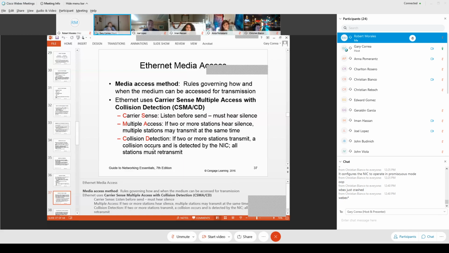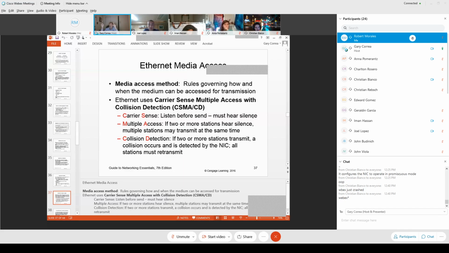So let's try it again. CSMA/CD, carrier sense. Your network interface card is going to listen before sending. What's it going to listen for? A break in the traffic. It's going to listen for something called silence. Most of the time, it's going to send properly, and that's the lecture. Once in a great while, two network interface cards will send at the same time. They will crash.